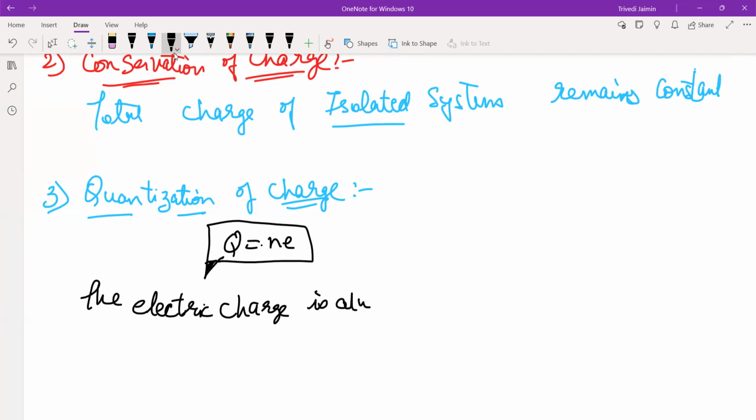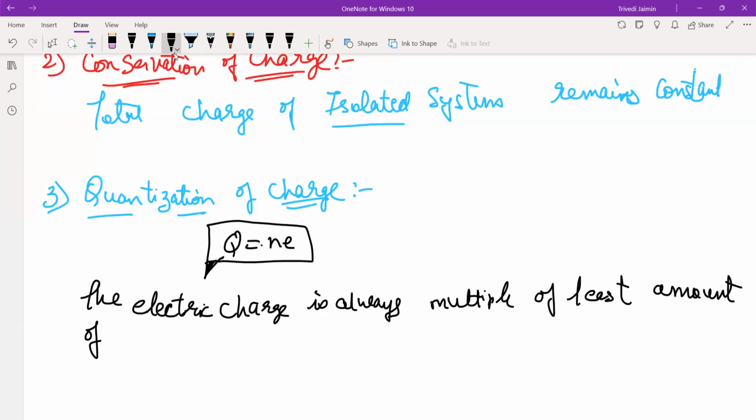Now if I write in words, the electric charge is always additive. That's what we wrote above. It's a multiple of least amount of charge.